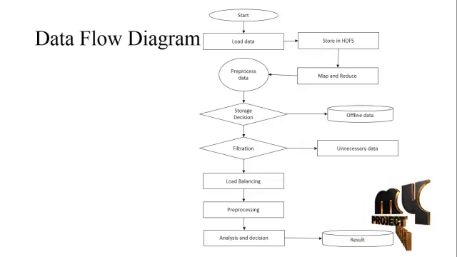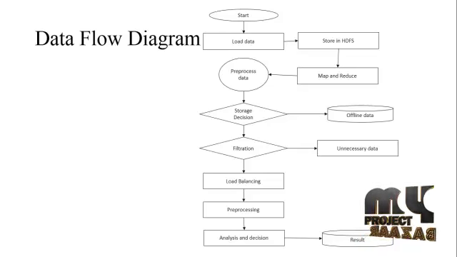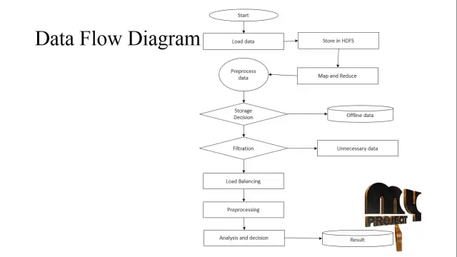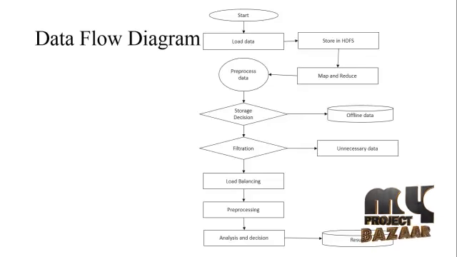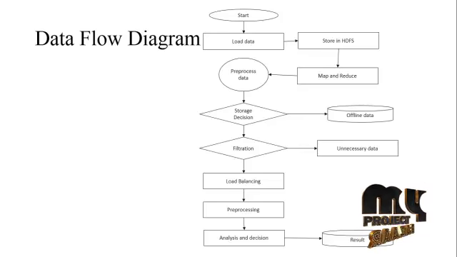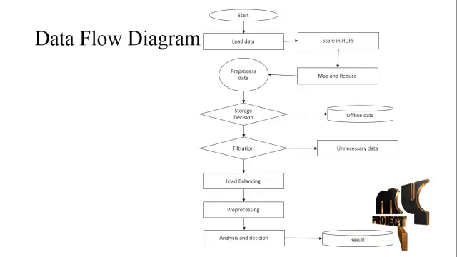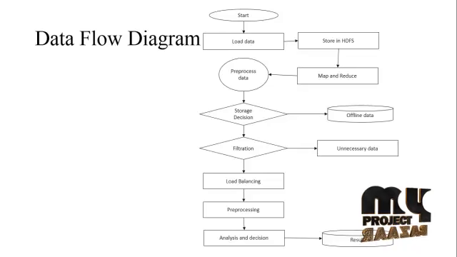After the storage decision is completed, we do filtration, which means we separate and classify the unnecessary data. The unnecessary data means irrelevant values for finding the remote sensing places.